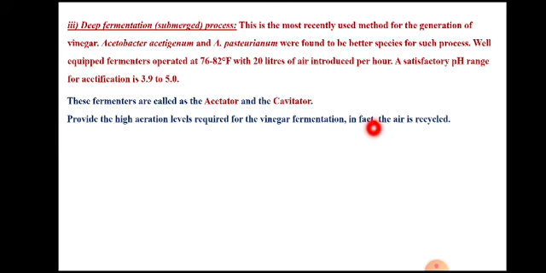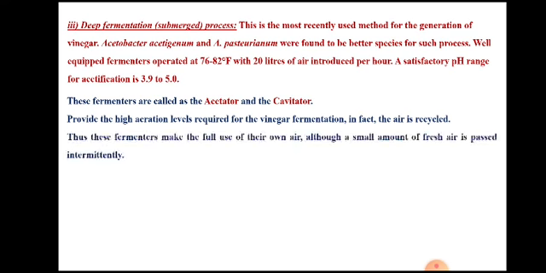In fact, the air is recycled. This is very important, recycling of air. Therefore, these fermenters make full use of their own air. So, efficient utilization of oxygen or air is a feature of acetator and cavitator.